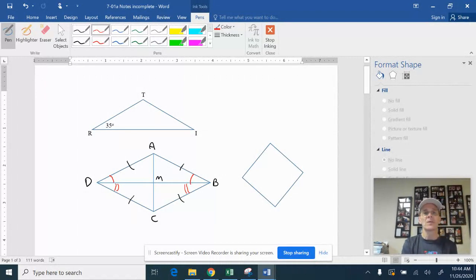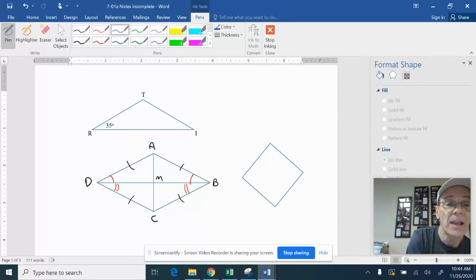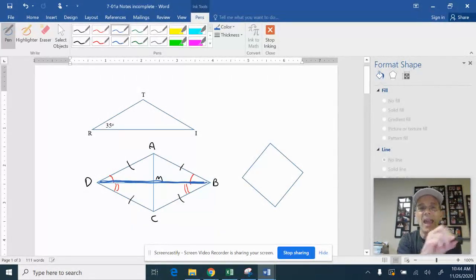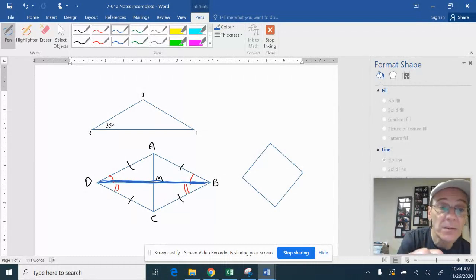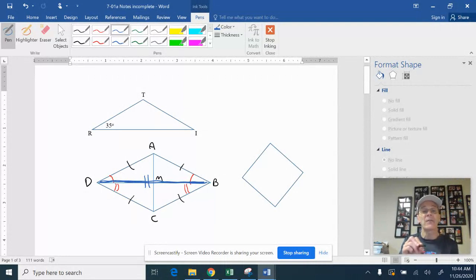Okay. But here's what else is true. This side here, segment DB, is shared by triangle DAB and triangle DCB, right? So if I put a double slash on that side, now I've got triangle DAB, the one on the top, congruent to triangle DCB by SSS.